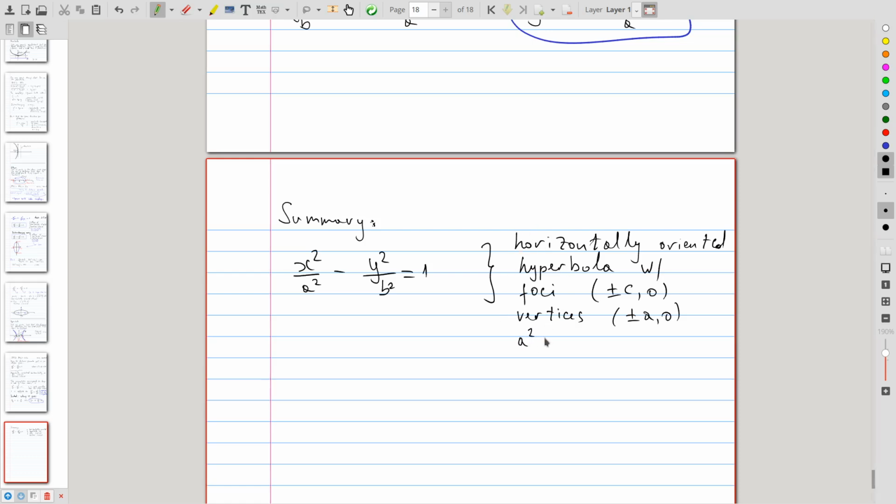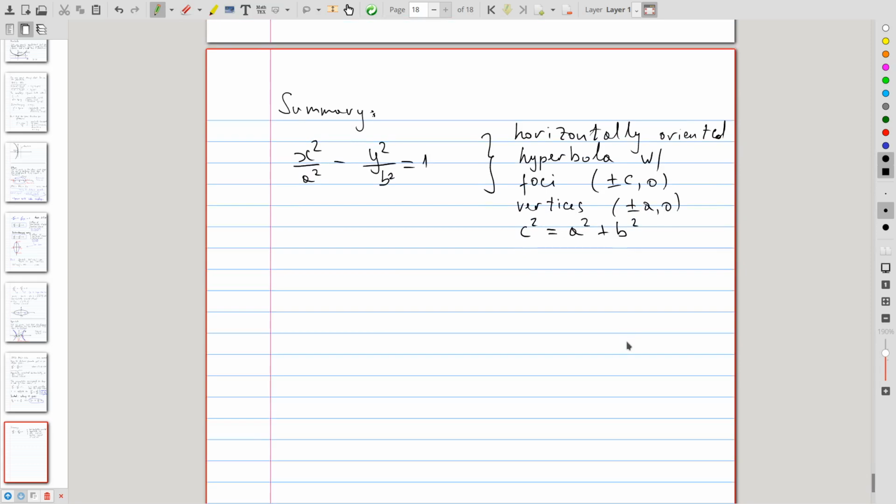We have a squared equals b squared plus c squared. Whoops. Aha. It's actually the other way around because c is larger than a. So we have c squared equals a squared plus b squared. And then asymptotes is what we're missing here.